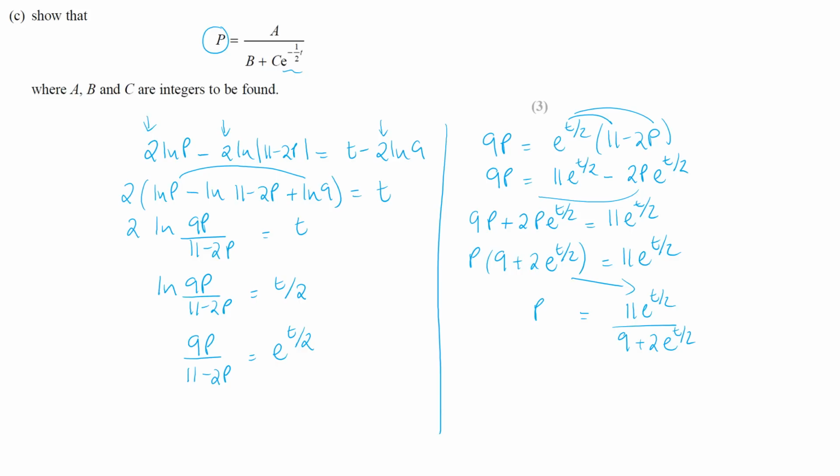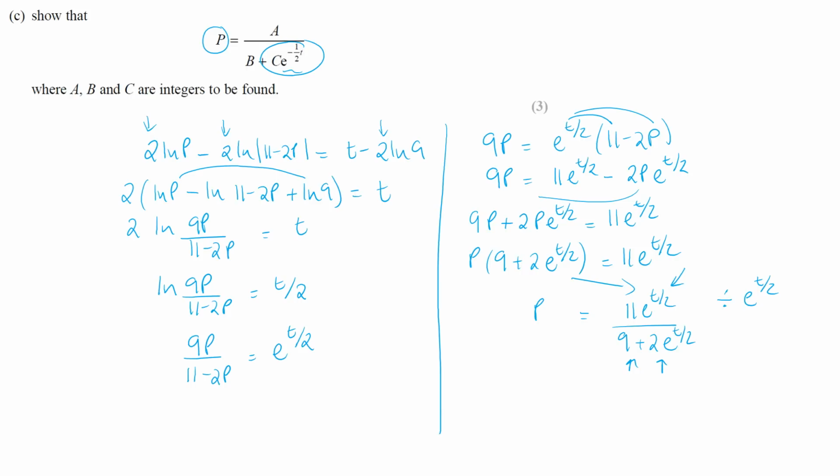So we don't really want to think about that and how we're going to get this to the minus a half. What you're going to do is divide throughout by e to the t over 2, so top and bottom, so each of these terms, so the numerator and both terms in the denominator. So divide everything by e to the t over 2.